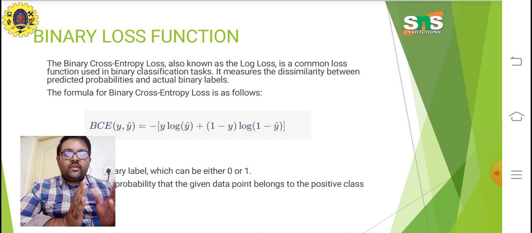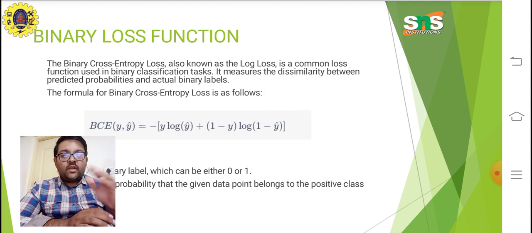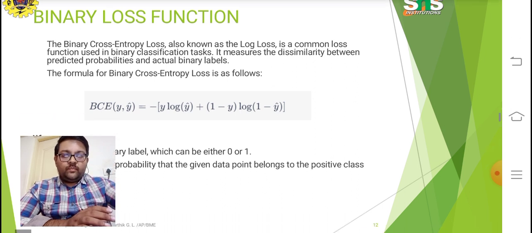Basically we are finding the difference between the predicted value and the actual value, because we have 1 - y and 1 - ŷ, which is just the opposite of y and ŷ.